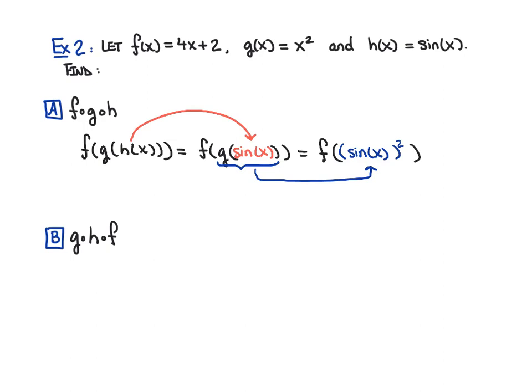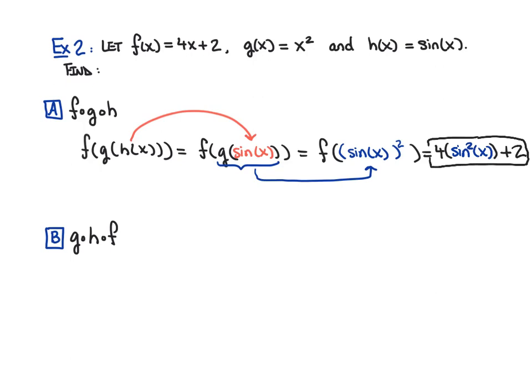And finally, we look at f of x, and we look at the structure of f of x. The structure is 4 times your input plus 2, but our input now is sine of x squared, and you can rewrite that as sine squared of x. So my final answer would be 4 sine squared of x plus 2.